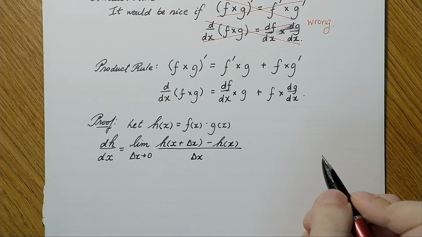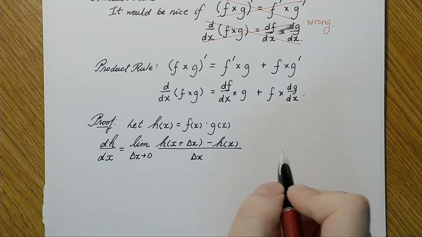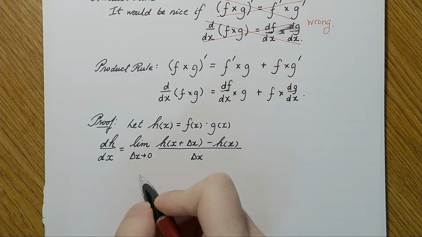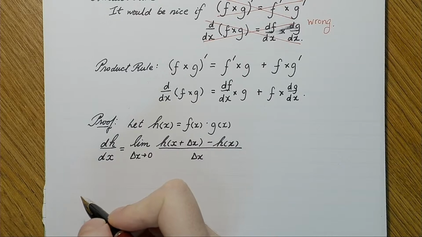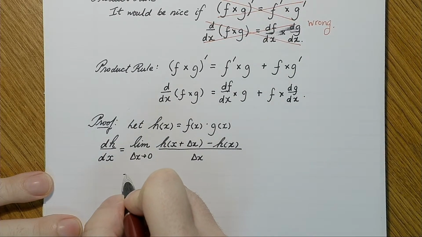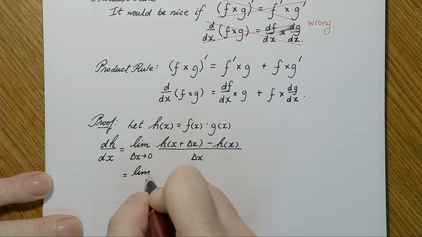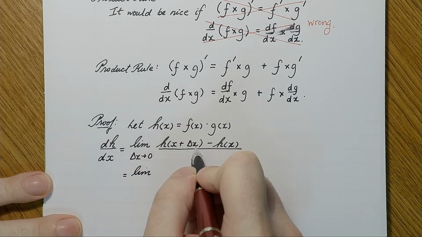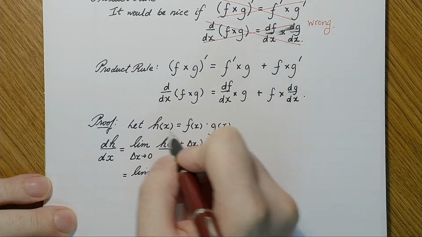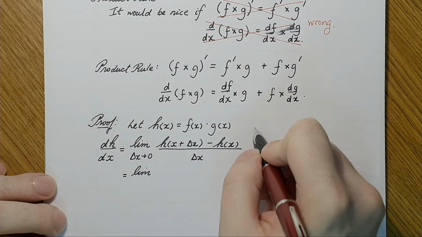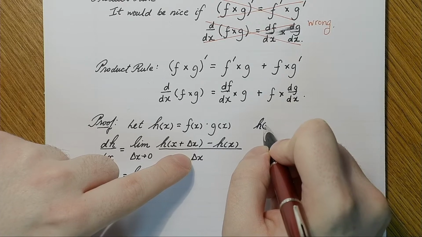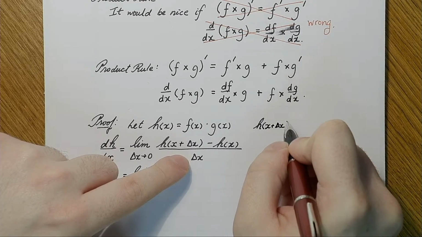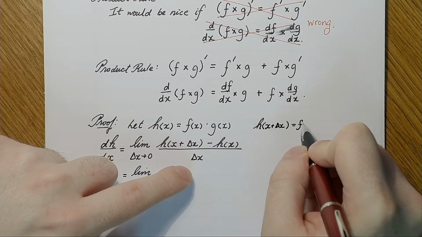Hopefully by the time you're done this course, you should remember the definition of the derivative. Then we substitute in the x plus delta x into these. So if I substitute this in, the x becomes x plus delta x, so that's x plus delta x equals f.